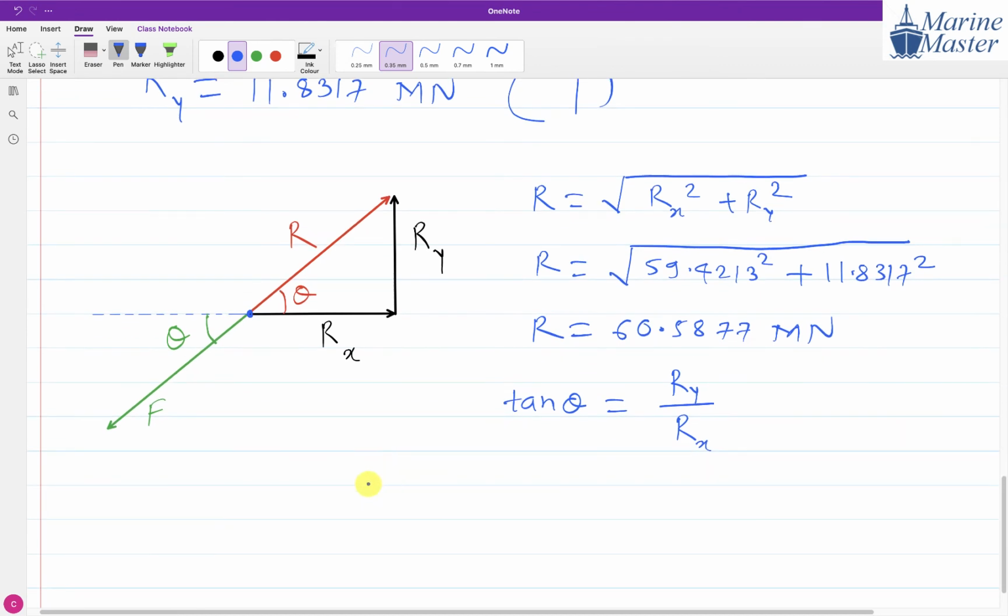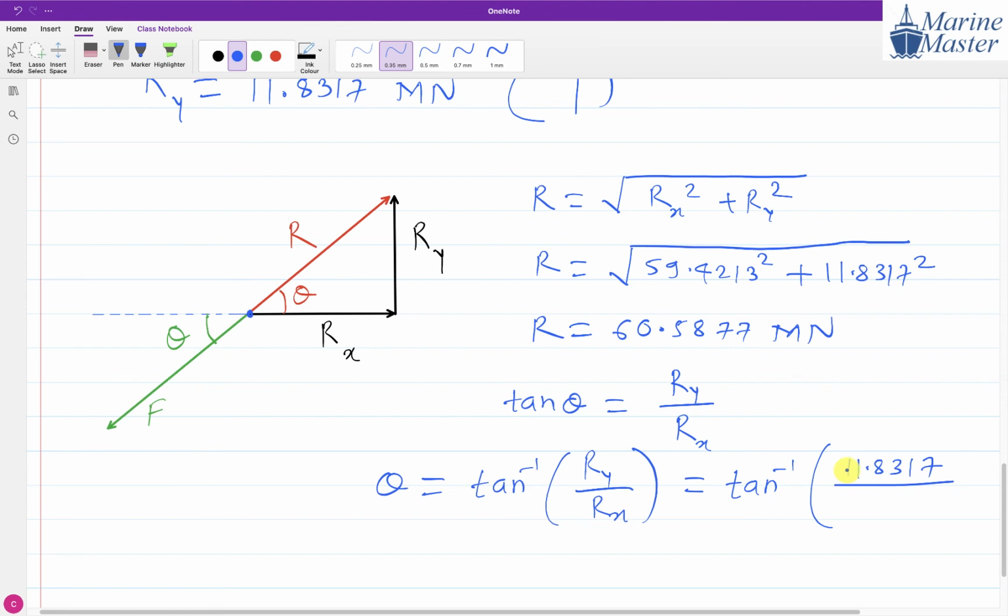So theta will become equal to tan inverse of Ry by Rx. Tan inverse of Ry, which is 11.8317, divided by Rx, which is 59.4213.